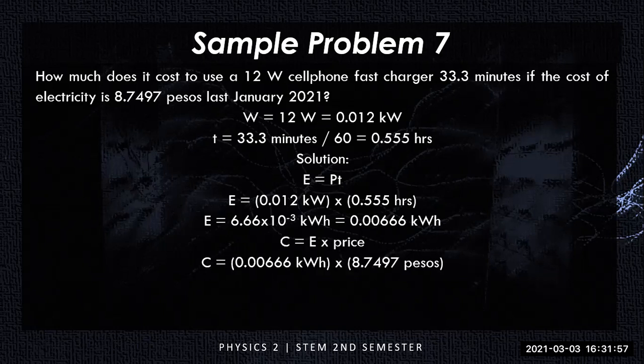Just multiply it by the rate per kilowatt hour, and you'll get 0.058273002 pesos, or about 0.06 pesos.